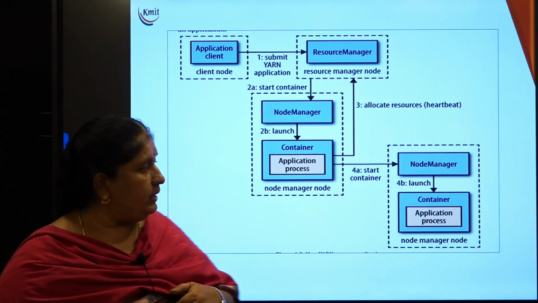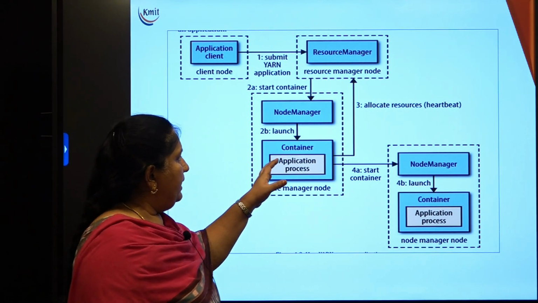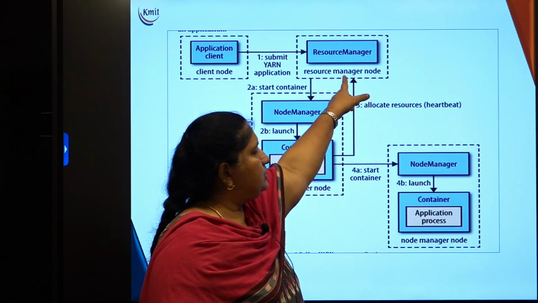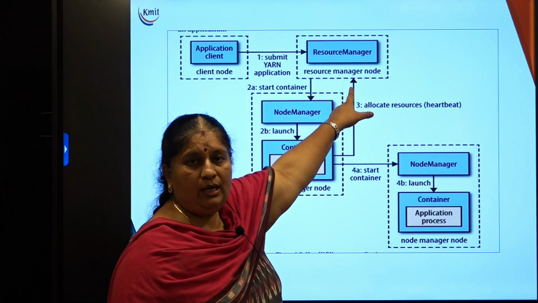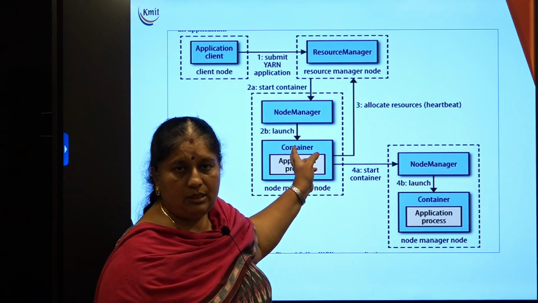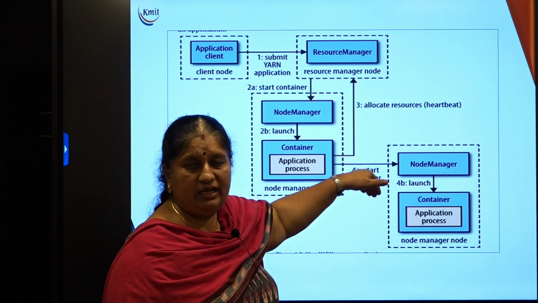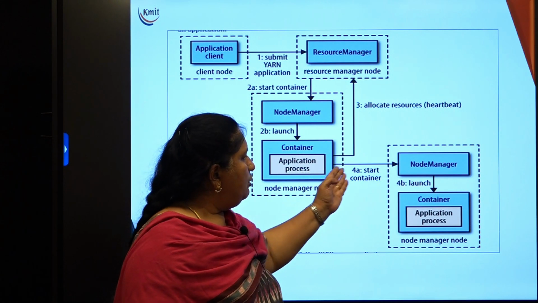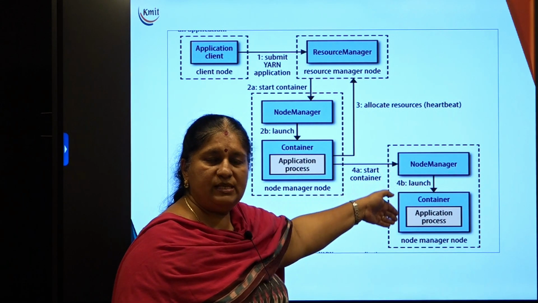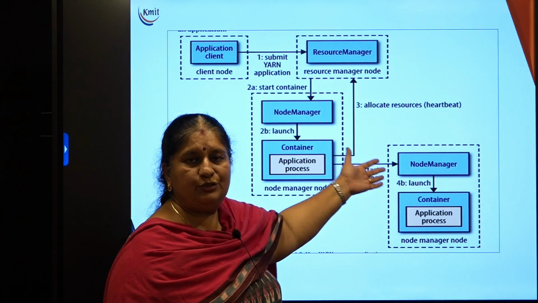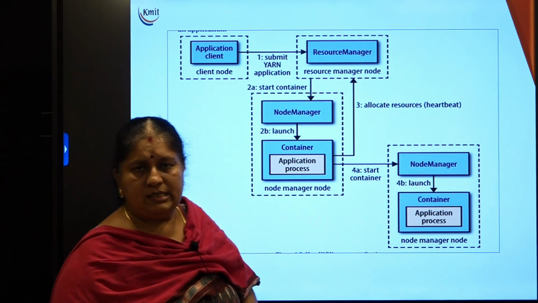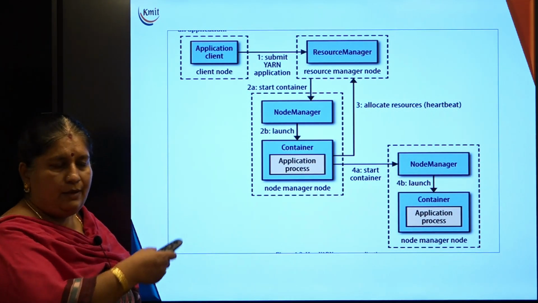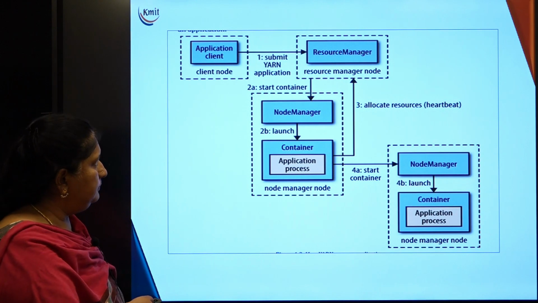Then this node manager will again send a request to the resource manager: sorry, I am all alone, I cannot execute this, please give me some more node managers and containers. Then the resource manager will give more containers where the specific tasks of the entire application will be executed. This is how YARN will execute. I will show the steps theoretically.